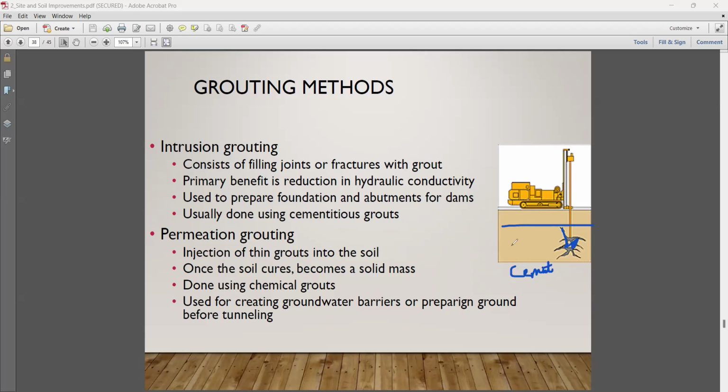We can't. Why? It will wash away with water, because the groundwater table is here, which means water is here. So cement will not solidify, it will wash away. So we use some chemicals, water resistant chemicals.